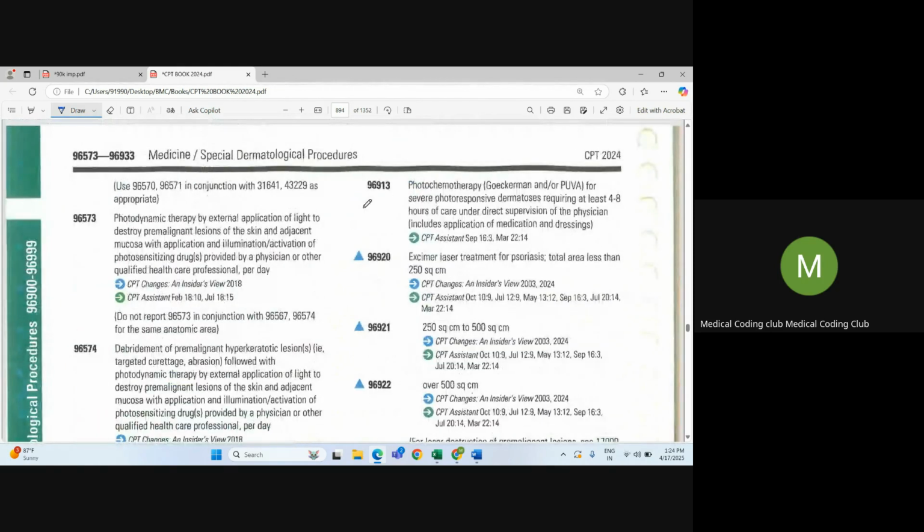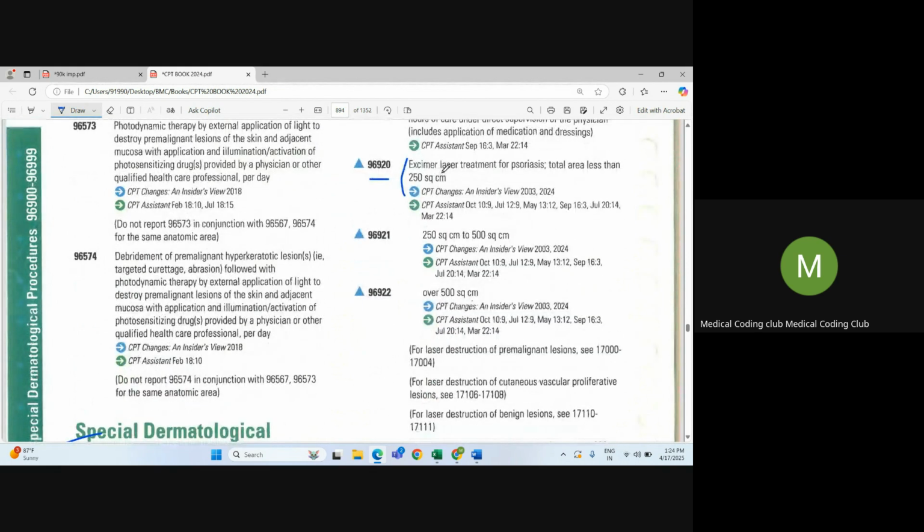So see, 96920, EXCIMER laser treatment for psoriasis, total area less than 250 square centimeters, and 96921, 250 square centimeters to 500 square centimeters. So they have utilized EXCIMER laser treatment.